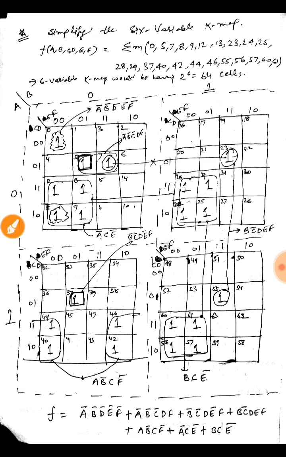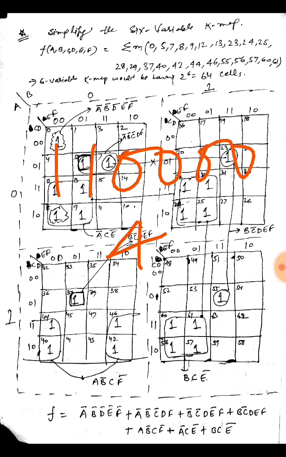So the number of this cell becomes 110000, that is 48. So this will be the 48th max term, or the 48th cell.